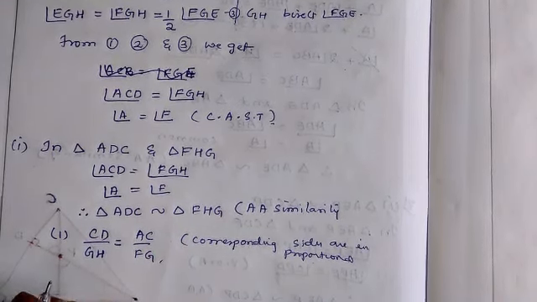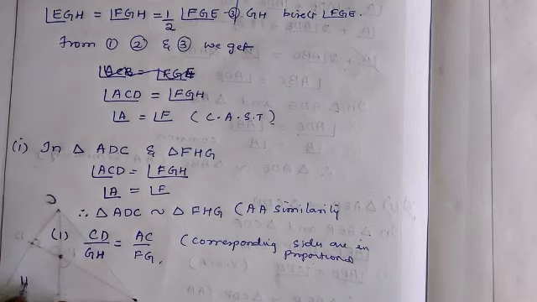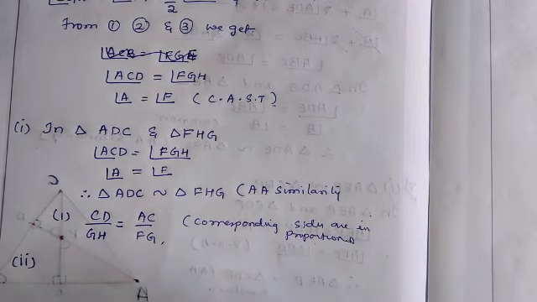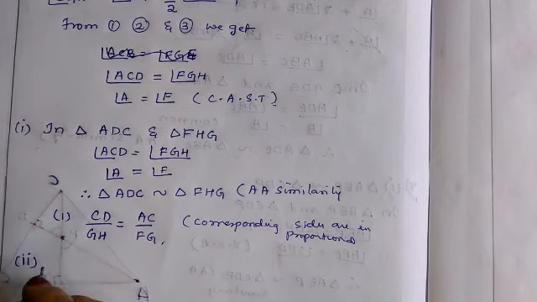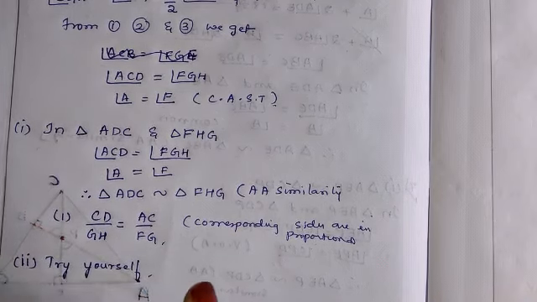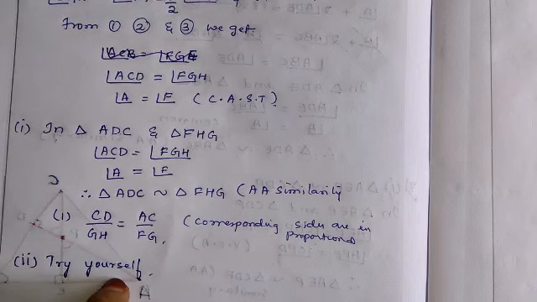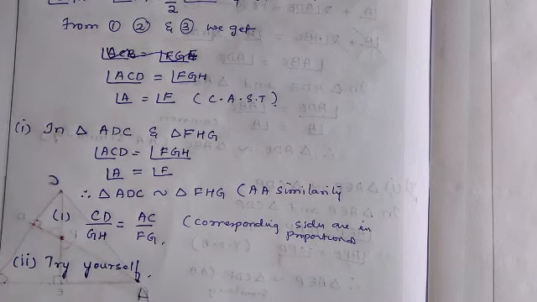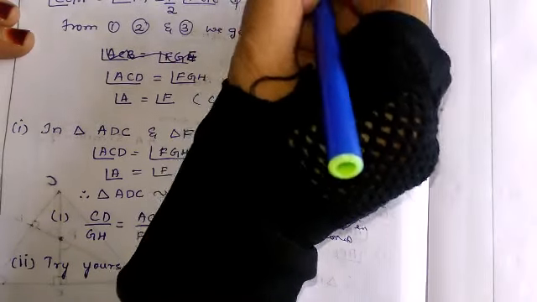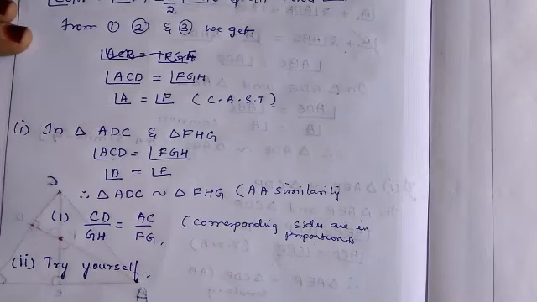Now let us go for the second triangle. Similarly, you have to prove two angles equal, and then we will directly get similar triangles. Try it yourself, it is exactly the same. Let me highlight the figures they have told. Second, triangle DCB is similar to triangle HGE.